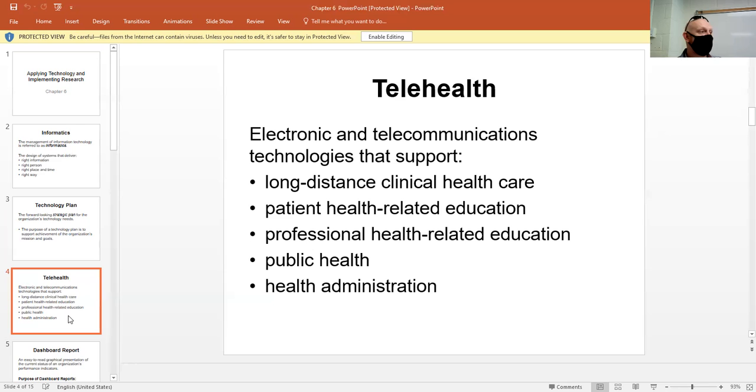It'd be like me having a Zoom class with you guys. It wouldn't be telehealth, but it could be called telelearning. I could pull up a PowerPoint, just like for the ones who aren't here today. Professional health-related education can be done through telehealth, long distance. Public health uses telehealth, and health administration can also be done using telehealth.